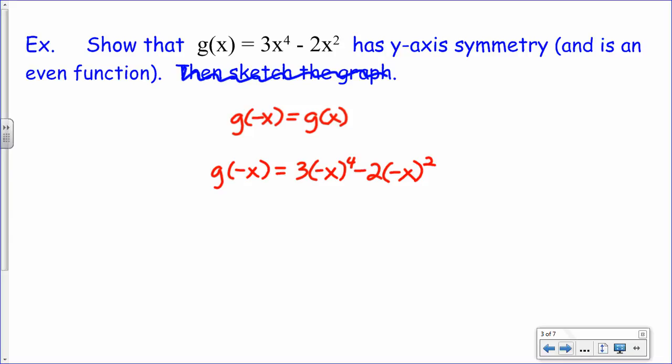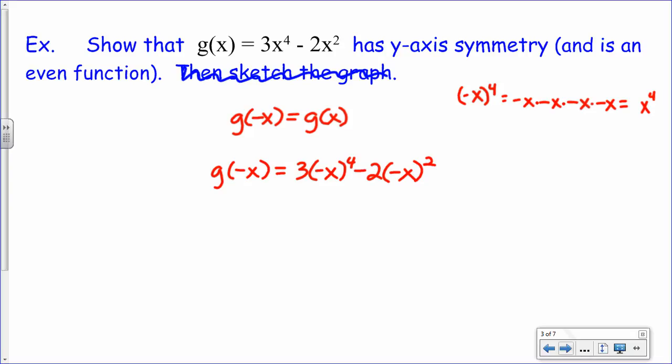So just like with the x squared, the negative x squared, let's look at the negative x to the fourth. I have x to the fourth, and then a negative times a negative times a negative times a negative is positive.